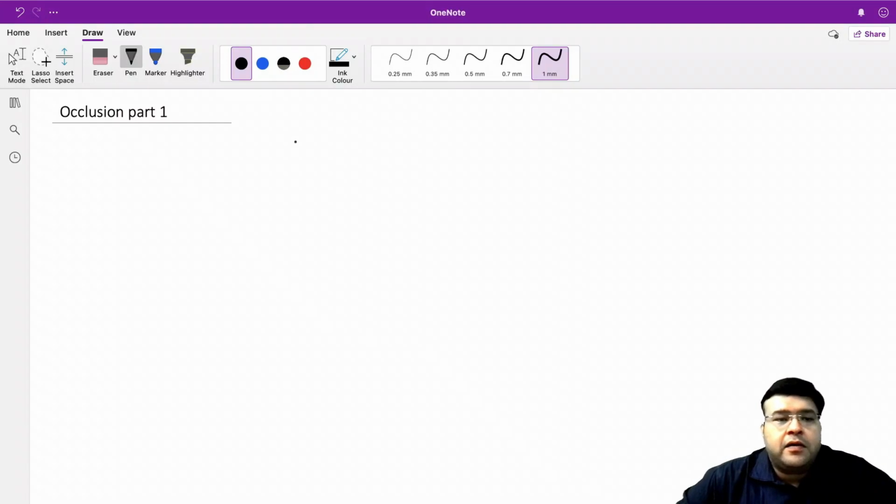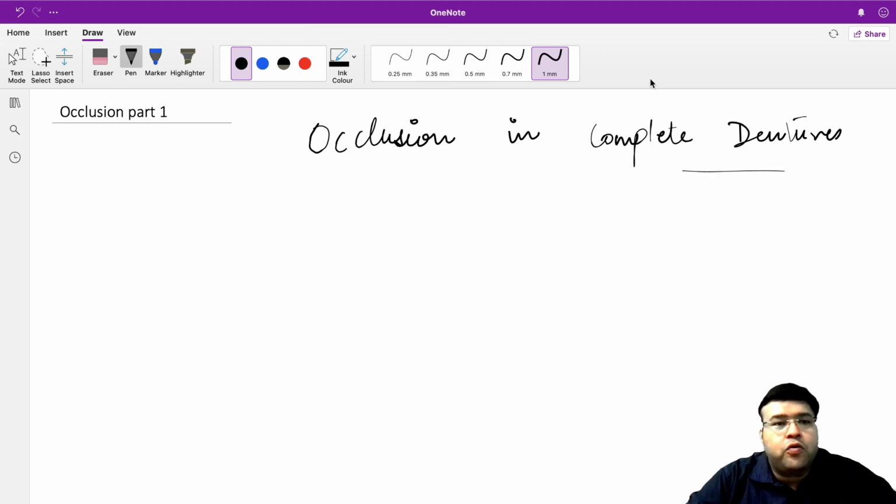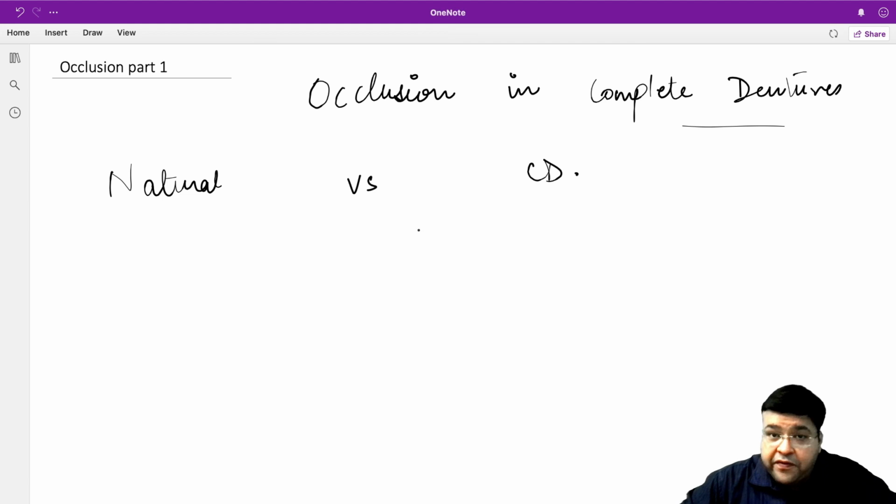Hello everyone. This session we are going to talk about a very important topic, which is occlusion in complete dentures. Now we understand that the entire occlusal scheme for a natural dentition versus a complete denture is totally different, right?